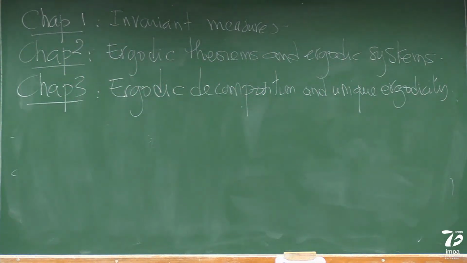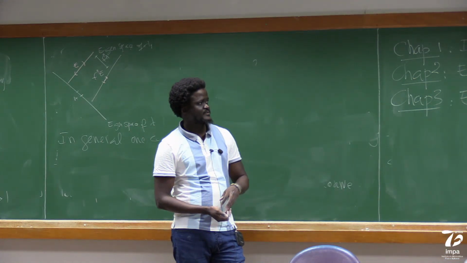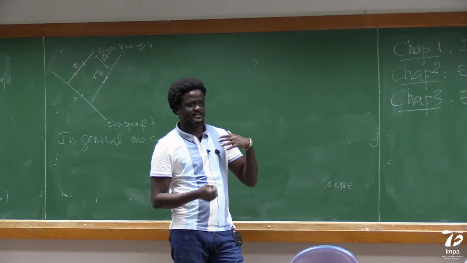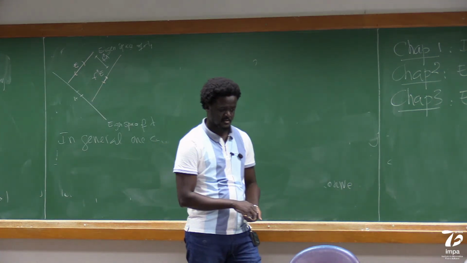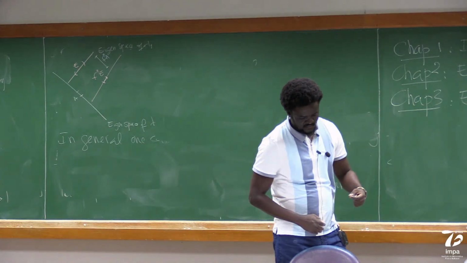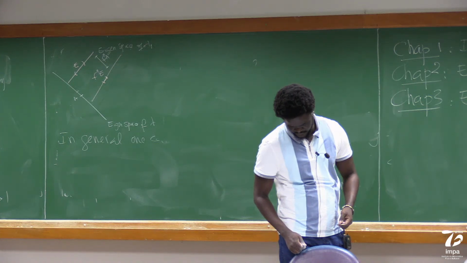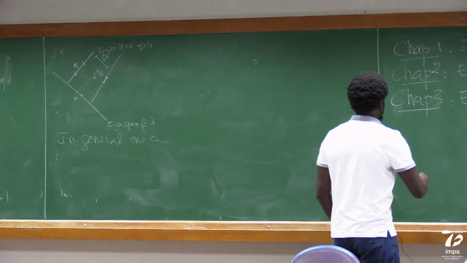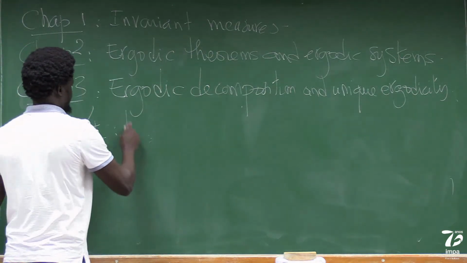Unique ergodicity. Basically, unique ergodicity is, if you remember, when I wrote the Birkhoff ergodic theorem, you have convergence for almost every point, but unique ergodicity is something that requires this convergence to be everywhere, not with respect to the measure, okay? Like the point that it converges doesn't depend on the measure. And we will see examples of that. And in chapter 4, we will see mixing.